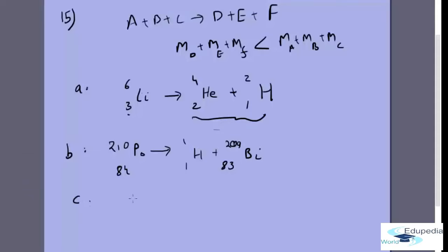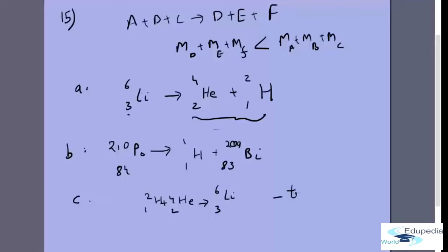For C, deuteron and alpha particle, 2H1 plus 4He2 goes to 6 Li3. Now you don't even need to do anything here. We've already seen that the first relation cannot occur because the mass of two of them is greater than the mass of the third one. So obviously this relation can occur, right? This relation is possible. It's the inverse of the first relation.